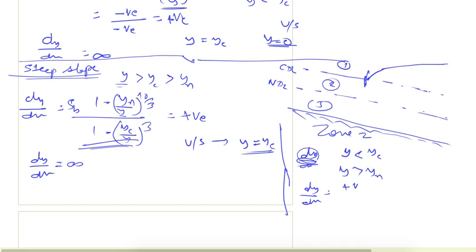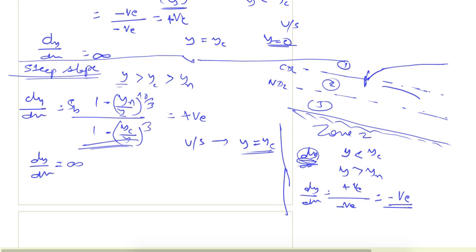And in the denominator, y is less than yc, so this value will be greater than 1, and this overall will come out to be negative. So if it is negative, it will be a falling curve.